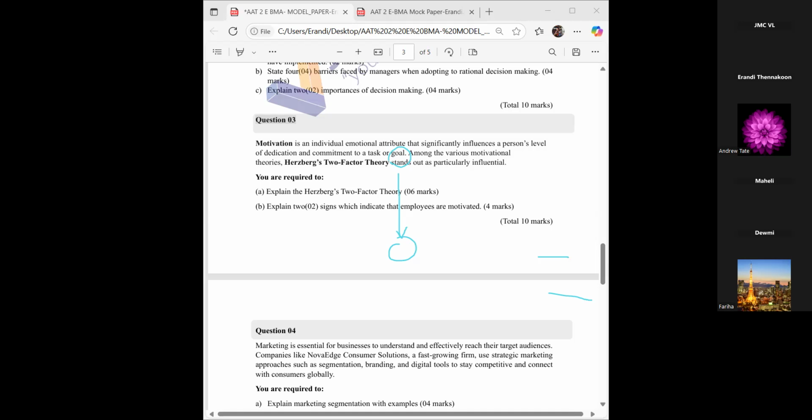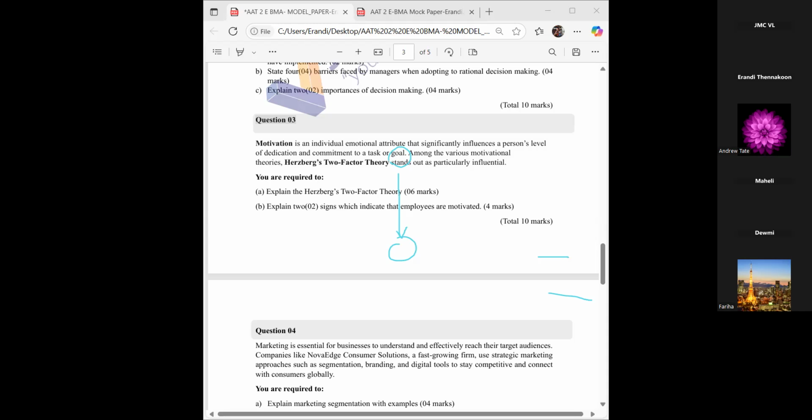Yeah. So when it comes to Herzberg's two-factor theory, he's talking about two factors, right? Hygiene factors and motivational factors. Hygiene factors are the factors that create a negative attitude about work, and also create dissatisfaction.